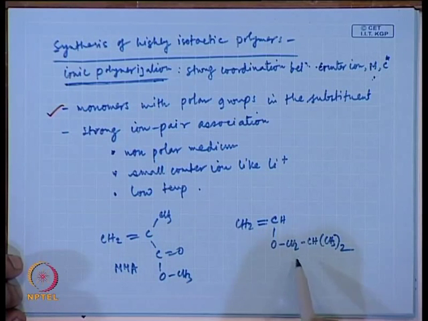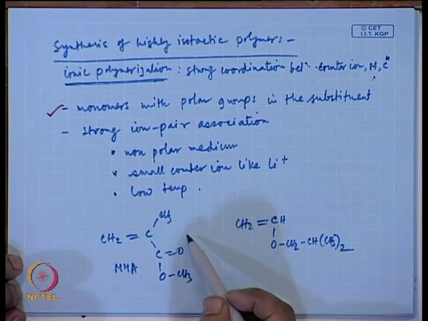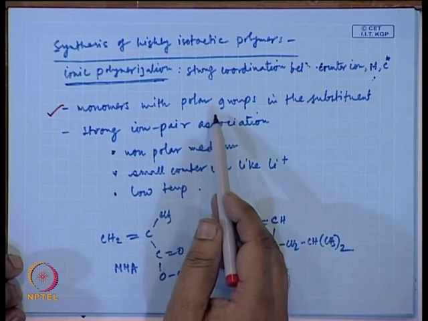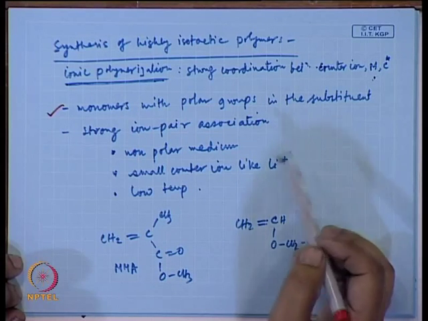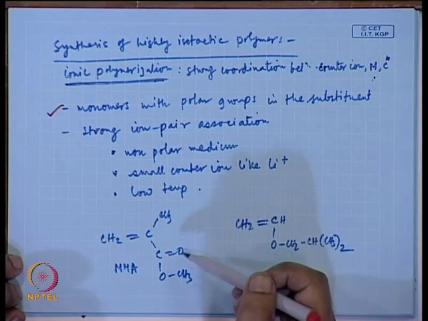Now, if we have a monomer which has a polar group as a substituent, like say methyl methacrylate, or an ether group in the backbone, where this is a polar molecule, this can actually coordinate with a cation in this case. So, monomers with polar groups in the substituent will help in coordinating with the counter ion and the incoming monomer.